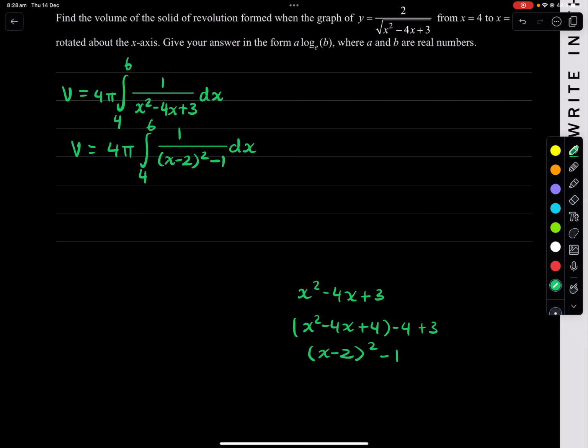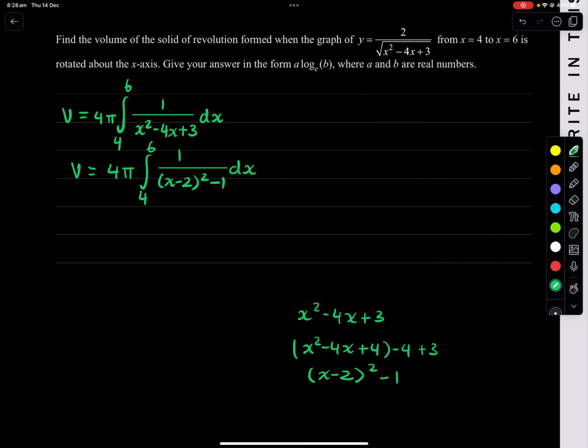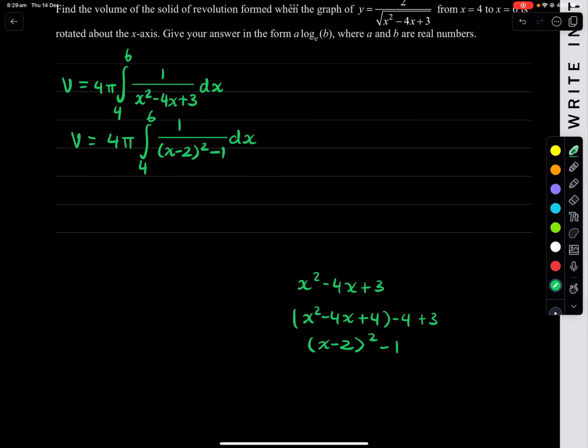Great. And so how do we integrate this? Okay, let's think. We're rotating about the x-axis and giving the answer in this form. I'm trying to think, what can we do here?